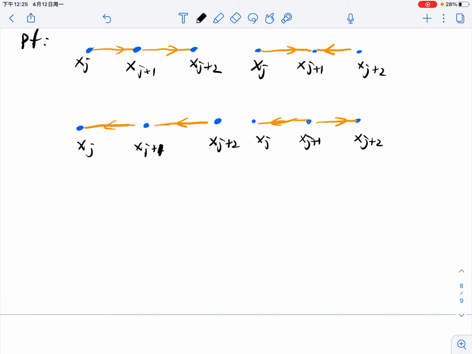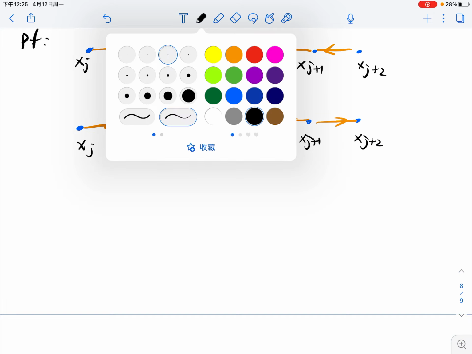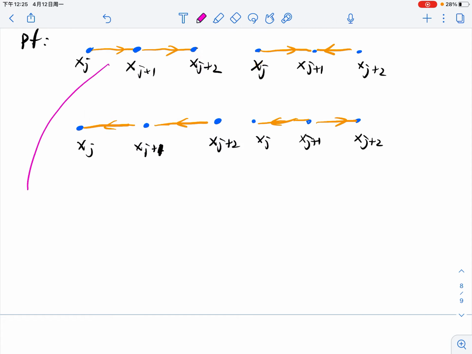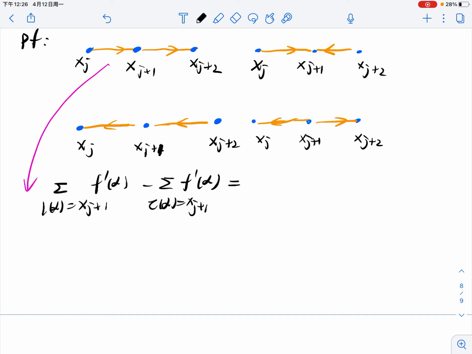So for the first one, we have the difference for the flow f prime, because we only change the xj and so on.